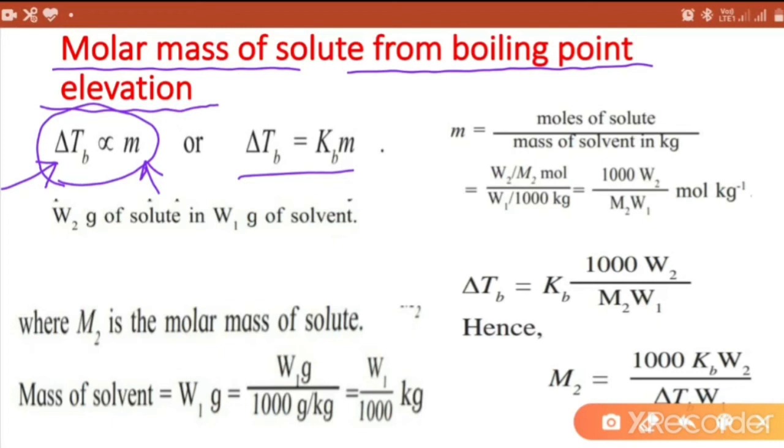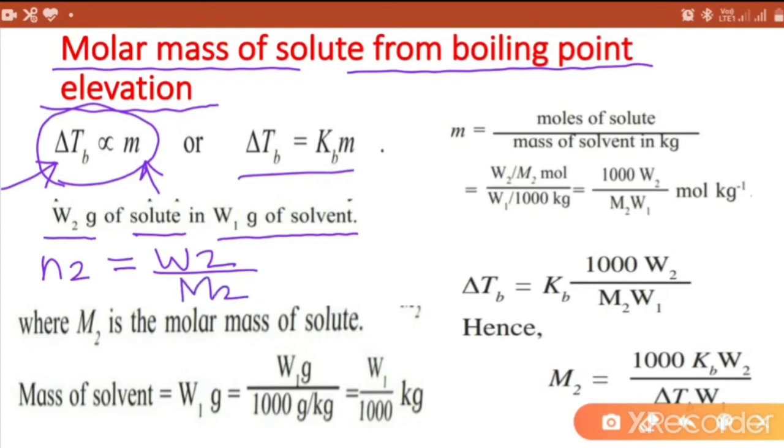If the solution is prepared by using W2 gram of solute in W1 gram of solvent, the number of moles of solute N2 becomes W2 divided by capital M2.